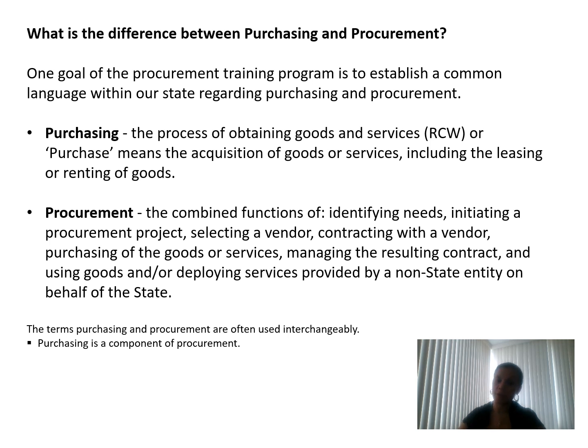On the other hand, procurement is the combination of the functions that include identifying needs, initiating a procurement project, selecting a vendor, contracting with a vendor, etc. Procurement is also based on the historic demand of a specific item or service, and also goes through sourcing, finding more competitive prices or new vendors or new options for the same items or services.